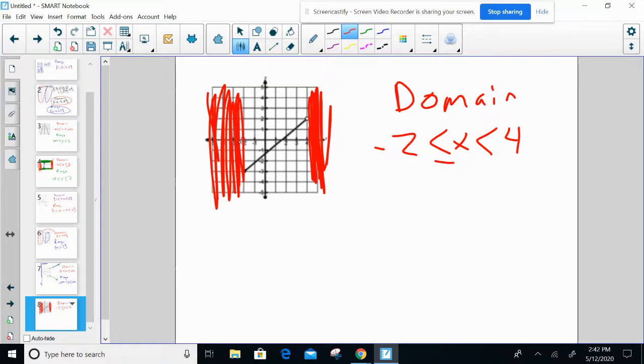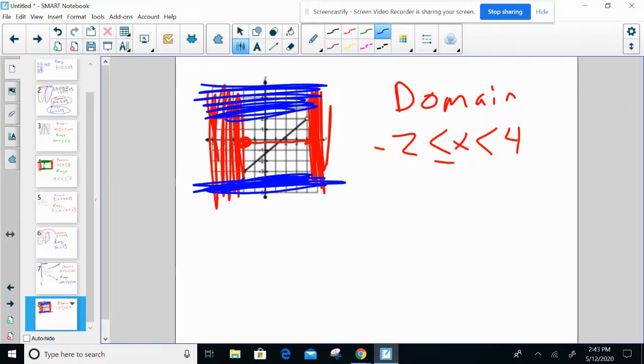From -2 to 4 on the x. What about on the y? 2 is our highest, and negative 3 is our lowest, as in from 2 to negative 3, or negative 3 to 2. All right, that's it.